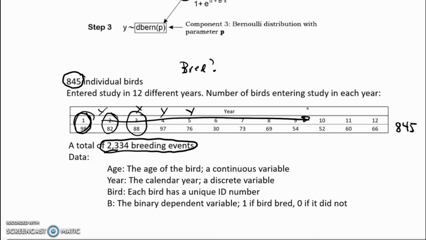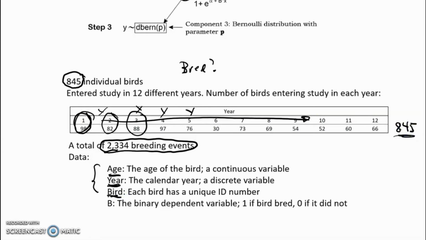So in terms of the variables, these are our independent variables: the age of the bird, and what happened was that each chick was marked, so they knew the exact age of each bird. The year was the calendar year, and each one of these 845 birds had a unique identifier.